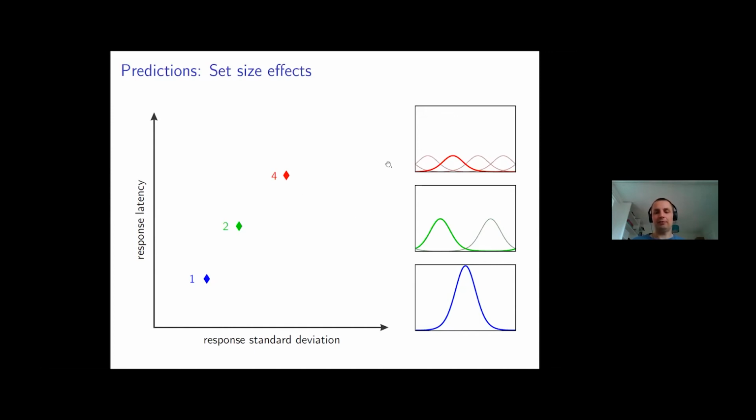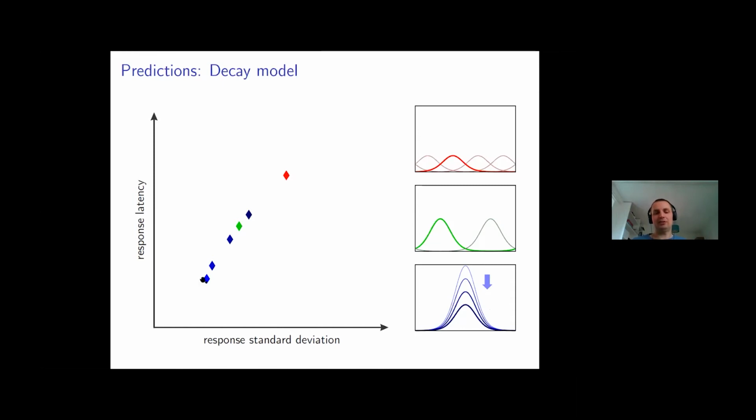Now, if we take that first hypothesis about delay effects that says that activity simply decreases over time, then this activation distribution, or this spike pattern for the set size of 1 becomes more similar to the spike pattern for the set size of 2, because in both cases you just have fewer spikes to decode from.